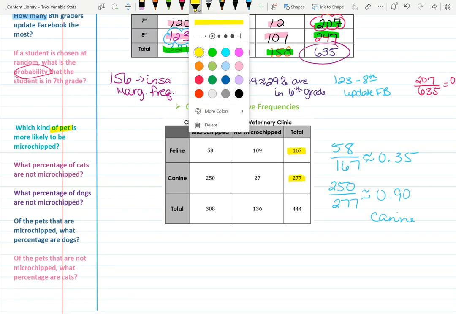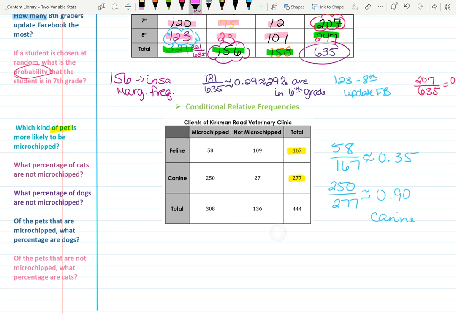So again, what is it out of? Here we were talking about what kind of pet. So is it out of the total amount of felines or the total amount of canines? So this next one, what percentage of cats, so we're just looking at cats, are not microchipped? So of my 167 cats, not microchipped, so 109 of those 167, and we're talking about percentage.